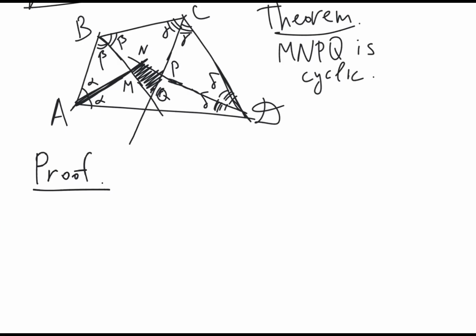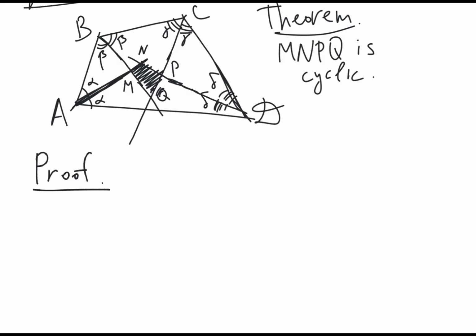To prove that a quadrilateral is cyclic, there are several criteria, and one of them is that the sum of the opposite angles of a quadrilateral is 180 degrees.